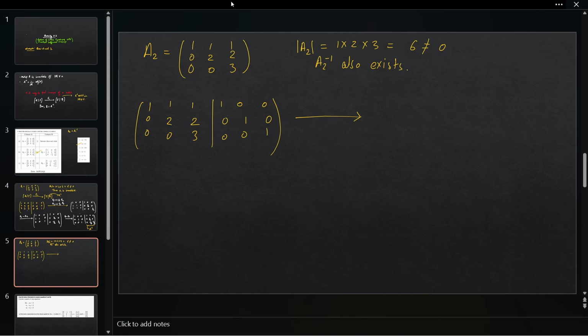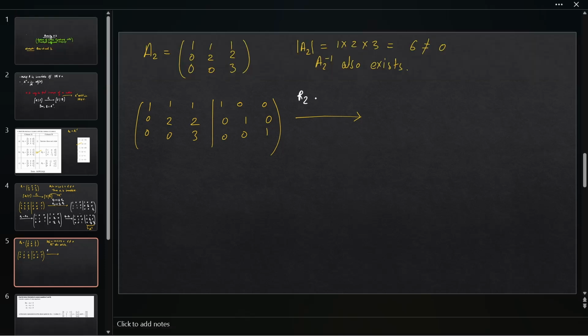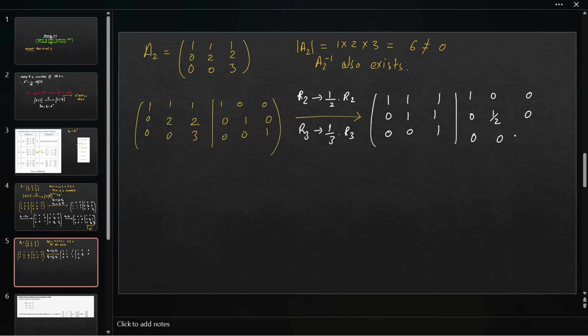So the first operation that we are going to perform here is R2 going to half of R2, and similarly R3 being 1 by 3 of R3, that is multiplying R3 with 1 by 3 and multiplying R2 with 1 by 2. So let's do that. It will result in 1 1 1, 0 1 1, and 0 0 1. And here this will give us 1 0 0, 0 half 0, and then 0 0 1 by 3.